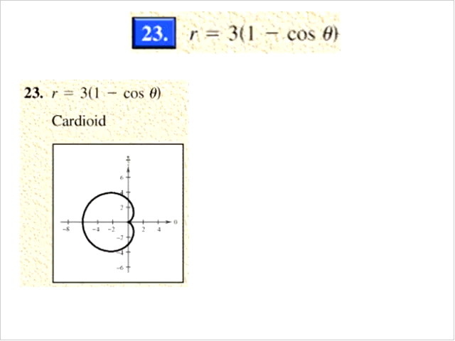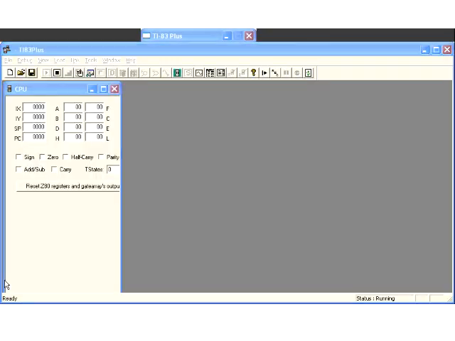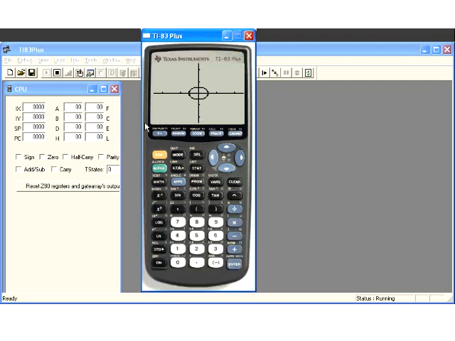Okay, the next one, we're going to graph 3 times 1 minus cosine theta. Remember that the 3 is on the outside of parentheses. So 3 parentheses 1 minus cosine theta.